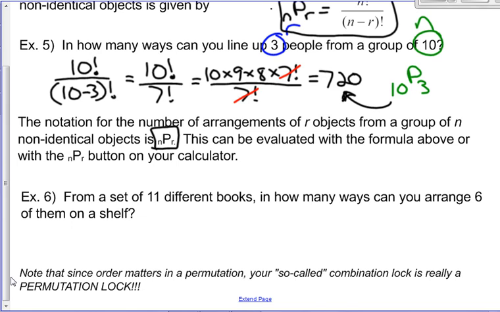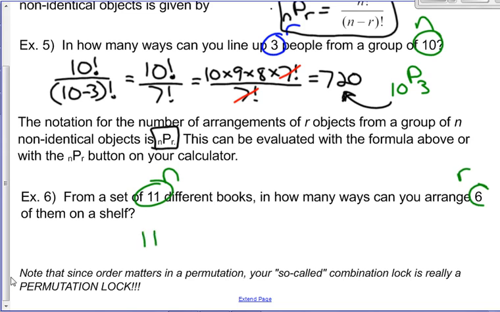So from a set of 11 different books, in how many ways can you arrange 6 of them on a shelf? Ask yourself here, does order matter? Yeah, for arrangements, order matters. Having one book and another switch places would be a different arrangement. So this is a permutation. And there are 11 objects, and we're taking 6 of them.